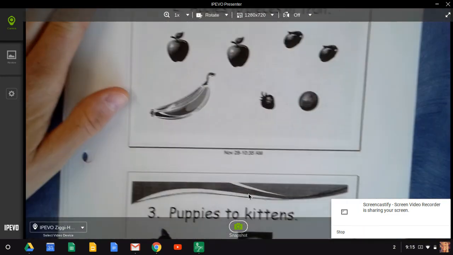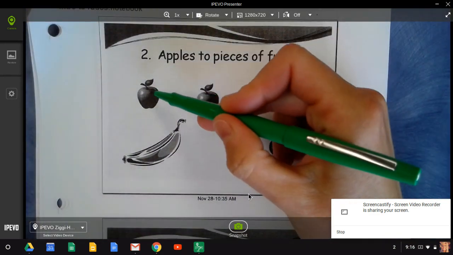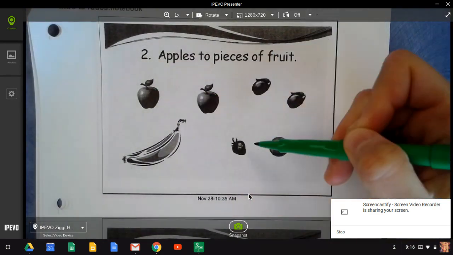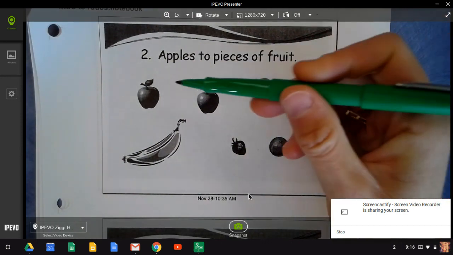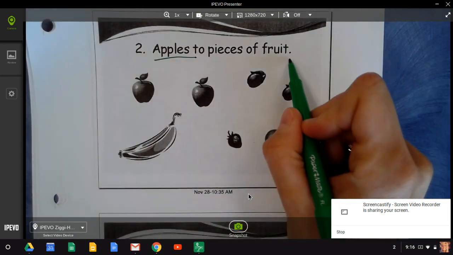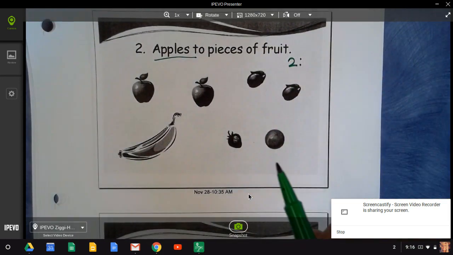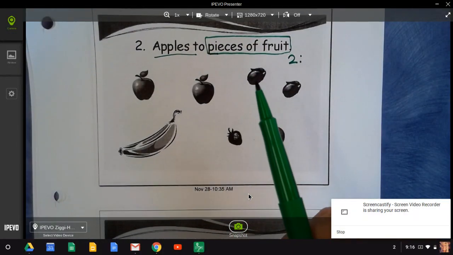I want you to take a look at the next one. This is apples to pieces of fruit. So if you look here, we have 2 apples, a banana, a strawberry. This might be a peach, and these are grapes. So apples comes first. That means we count the number of apples. So that is 2. And then pieces of fruit means all of the pieces of fruit. Does that mean we count apples too?